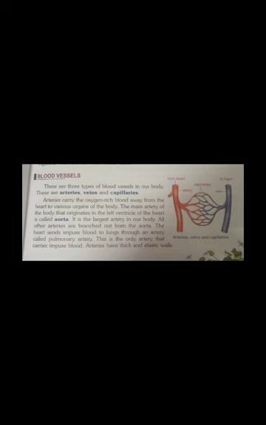Right? Now arteries carry the oxygen rich blood away from the heart to various parts. Arteries carry the oxygen rich blood, and the main artery, or the largest artery, is the aorta.